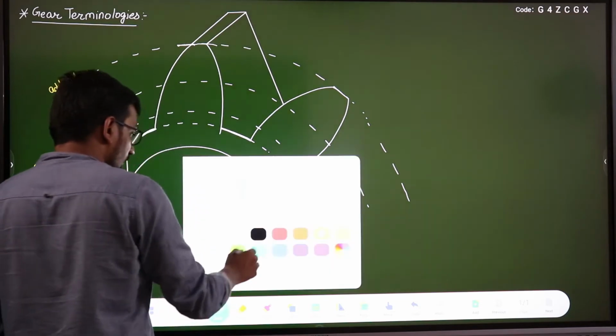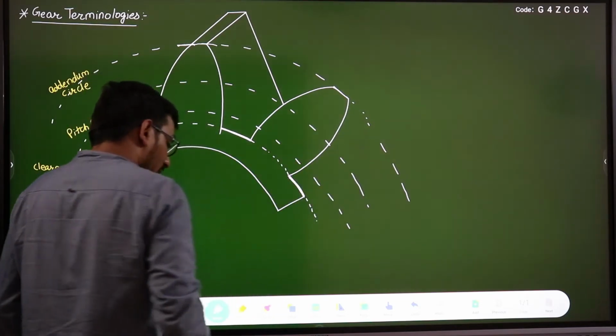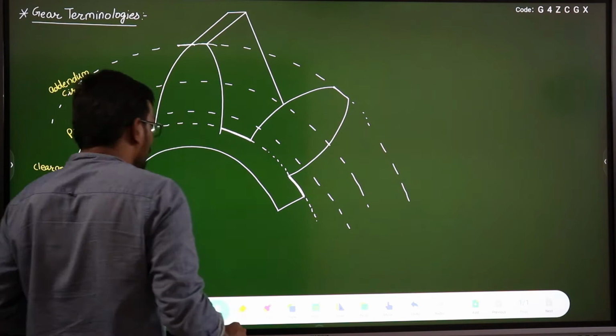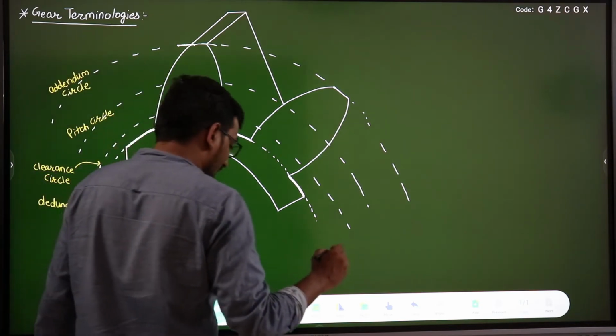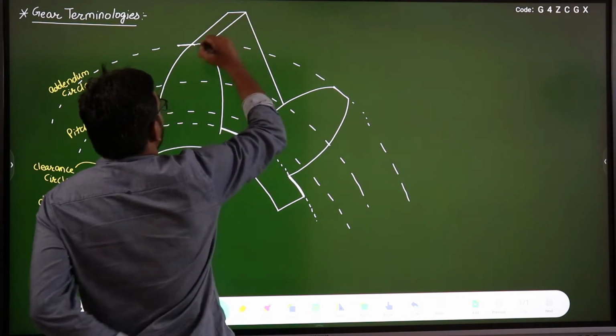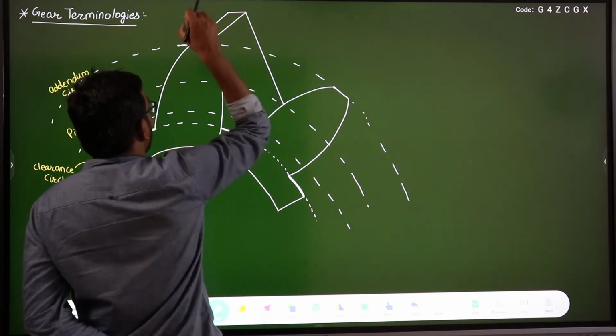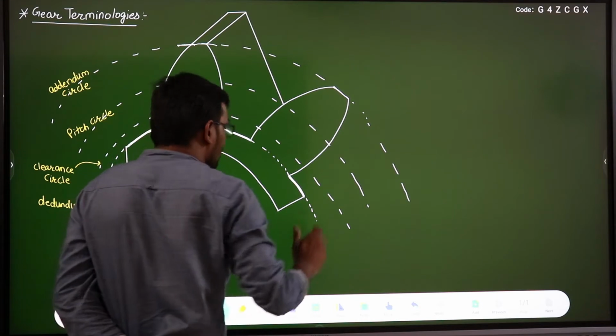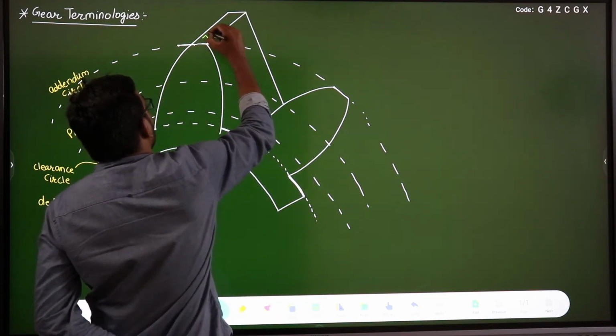Now, if we talk about this width of the gear in the plane perpendicular to the plane of paper, this is known as your top land.